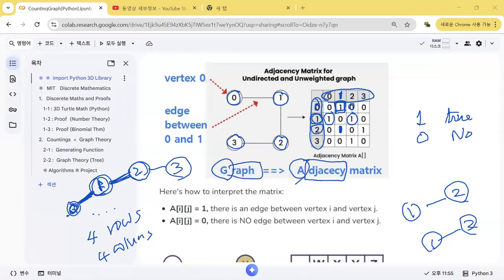In many cases, the adjacency matrix is represented by the letter A, and the graph by capital letter G. So A_ij means if vertex i is connected to vertex j, then there is 1. It is 0 if there is no edge between vertex i and j.